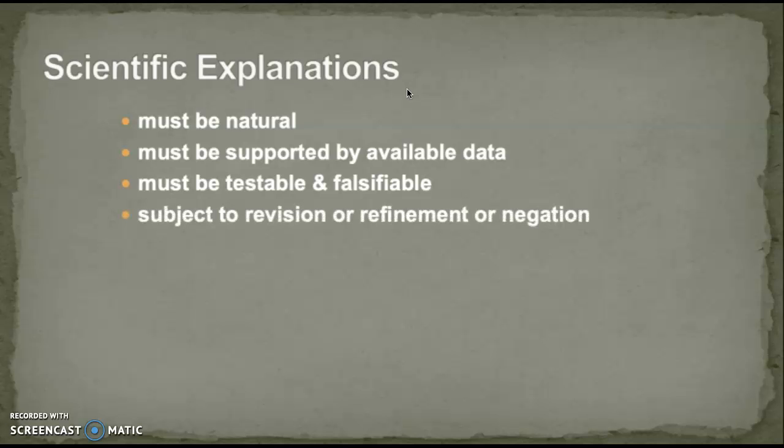We have to be able to test and falsify. We have to be willing to revise and refine or throw it out. And we recognize that it also should be predictive. So once we come up with a really strong explanation, we should be able to use that to predict future findings. That's a really good way to test your hypothesis and see if it holds up.